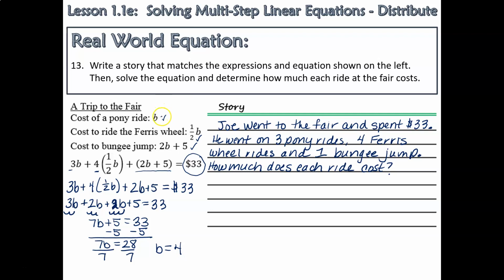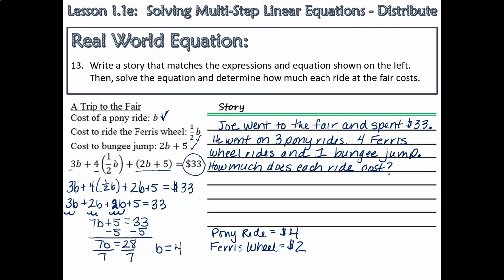So B up here is the pony ride. So the pony ride is $4. The Ferris wheel is half of the 4. So half of that 4 is $2.